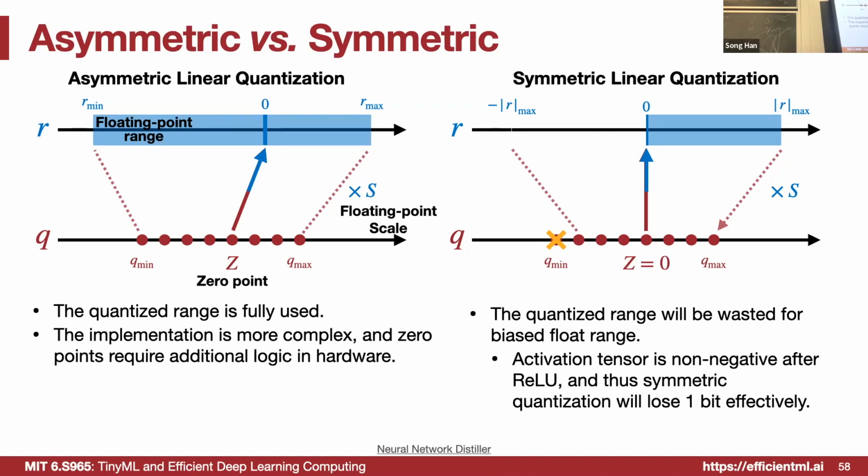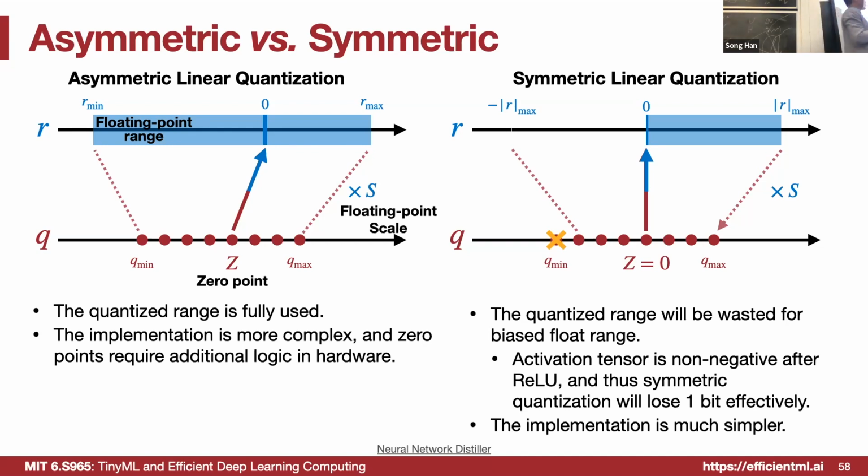Then you are wasting half of the range, since after ReLU there's no negative number, but you still dedicated a few centroids to represent those negative numbers. But after ReLU, you only have positive numbers. So that's the problem of wasting one bit effectively by using such symmetric linear quantization. Okay.